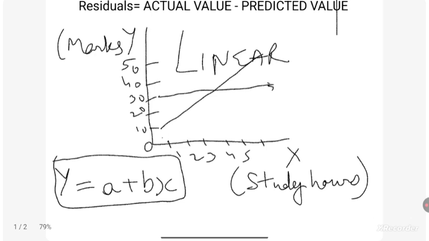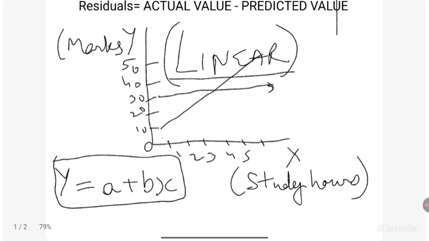So this, you see, this horizontal line shows us that x increases but the marks remain constant. So in both of these cases, we find that there is a linear relationship between independent and dependent variable. Now, before conducting regression, there is one assumption which I spoke about, linearity. So this is meant by linearity, and this assumption has to be fulfilled.